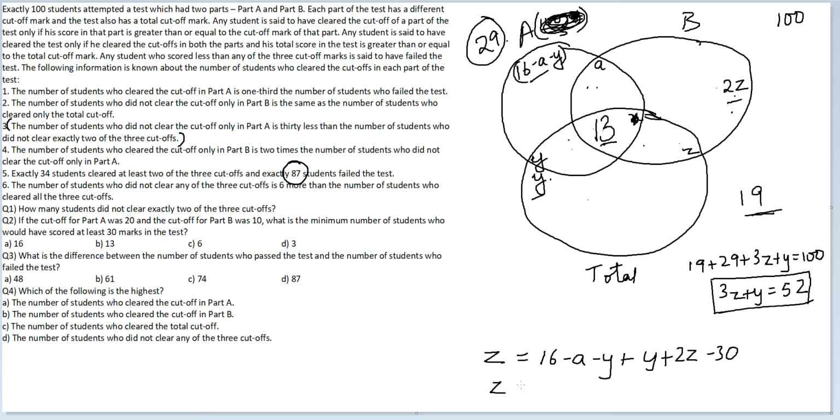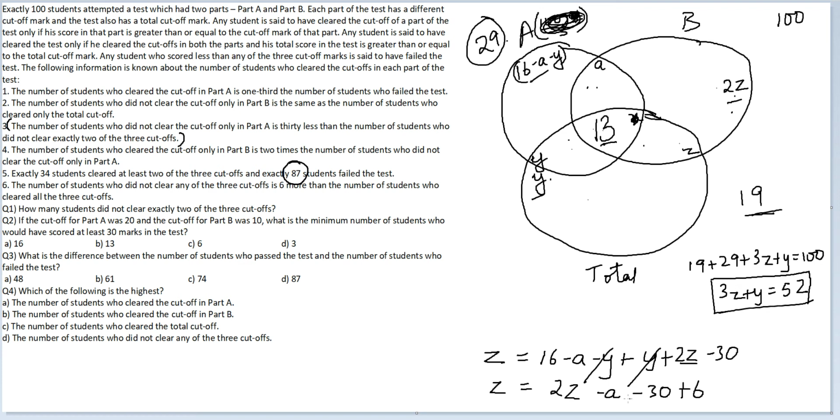So Z is equal to this Y, and this Y will cancel. I have 2Z minus A minus 30. Sorry, minus 30 plus 16. 2Z minus A minus 30.